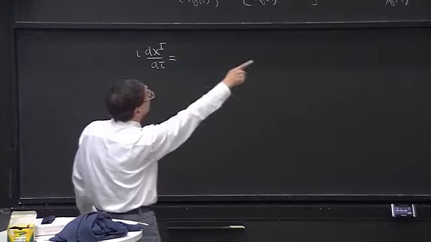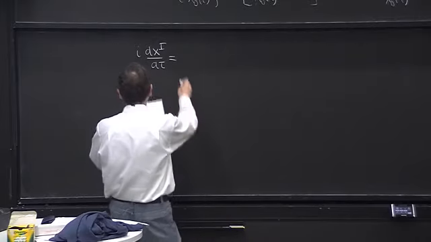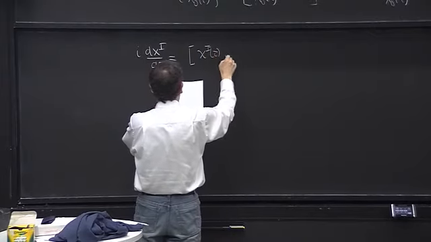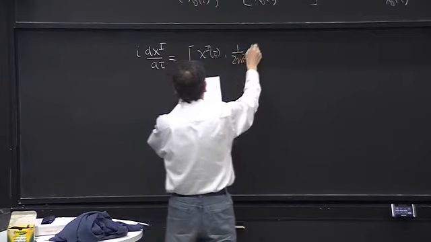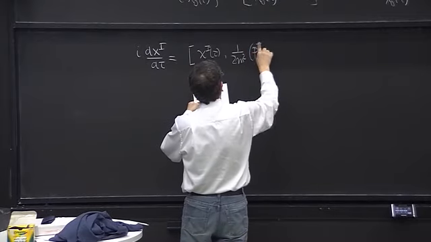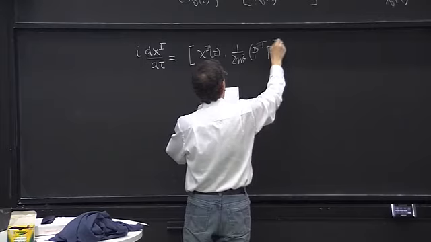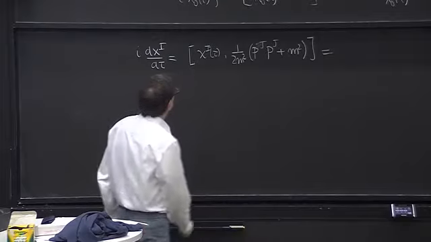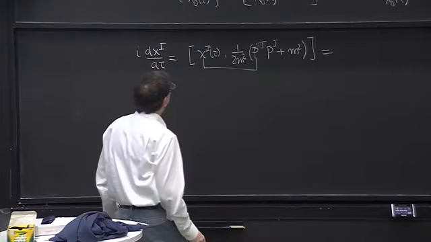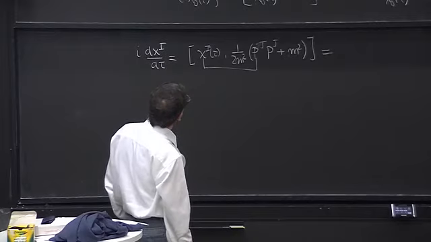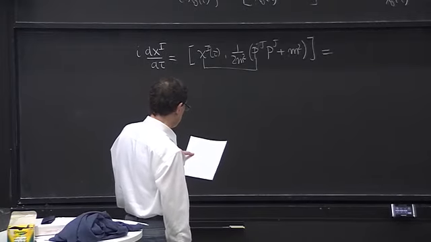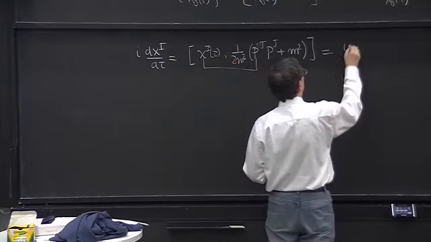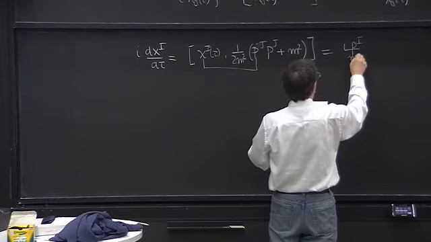So this should be equal to the commutator of xi of tau with 1 over 2 m squared pj, or yeah, I call it pj plus m squared. That's the Hamiltonian. Now, xi with pj is a non-trivial commutator, and that gives you an i. So there's 2 of those, and there's a 2 here. So you get i pi over m squared.